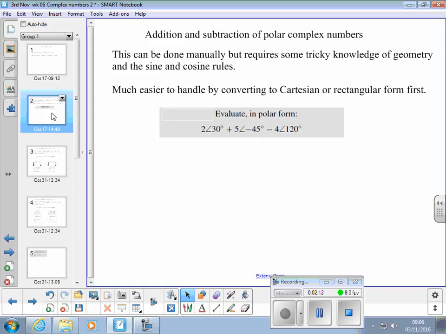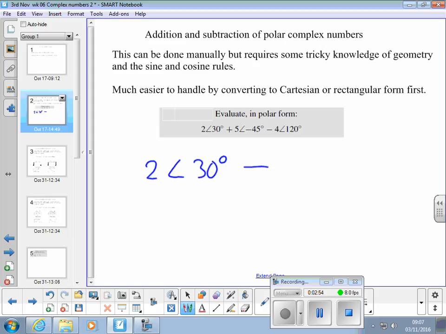Addition and subtraction of polar complex numbers can be done manually, but requires some tricky knowledge of geometry, sine and cosine rules. So what I'm proposing is that if you want to add or subtract two polar numbers, you use the method of converting them to rectangular form first.